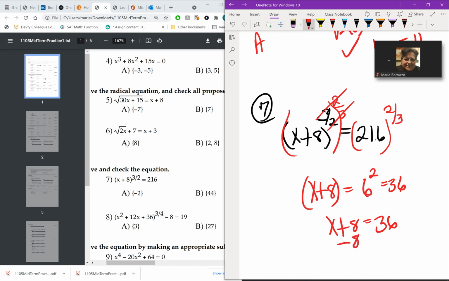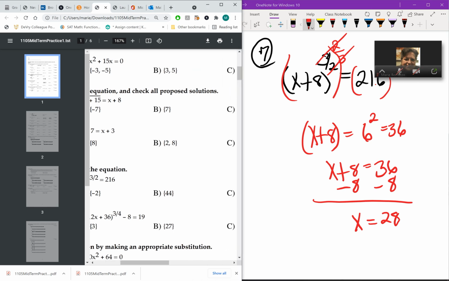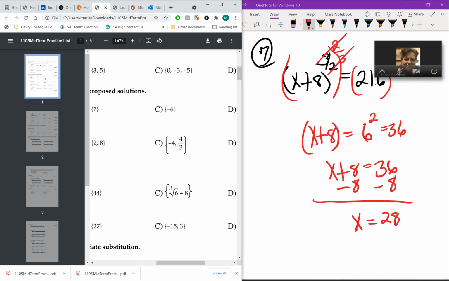I'm going to subtract 8 on both sides. And this is going to leave me with basically x equal to 28. Okay, so that means that the answer choice for number 7 should be D.